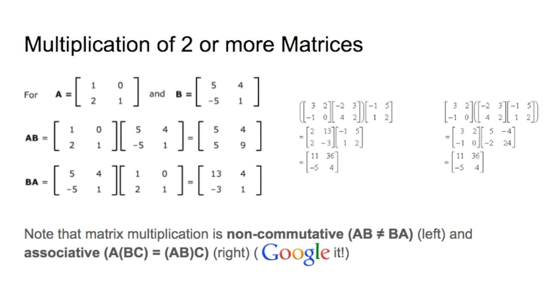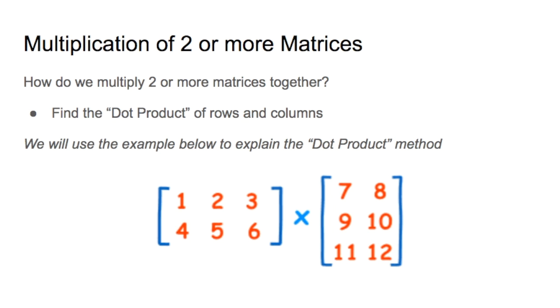And also matrix multiplication is associative, and this can be seen from the 2 examples on the right, which show that no matter what way you group them to multiply the matrices, you will still arrive at the right answer. If you're still not sure about this concept, feel free to Google it.